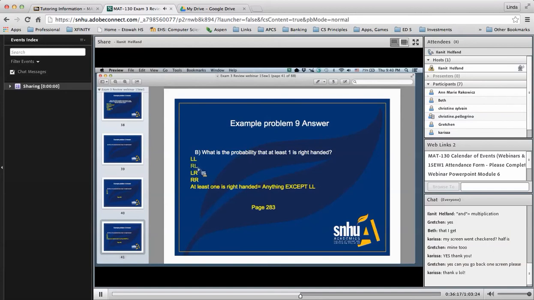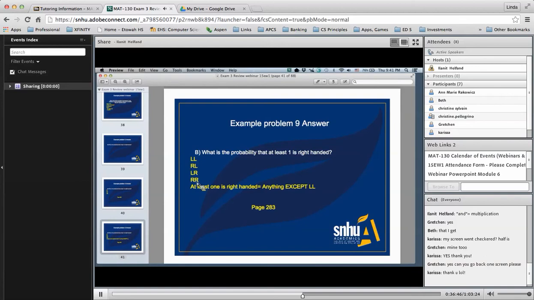This RL here has at least one righty. This LR has at least one righty. This RR has at least one righty. So every category except for the LL has at least one righty. The slow way would be to calculate the probability you're in category 2, the probability you're in category 3, the probability you're in category 4, and add them all up.